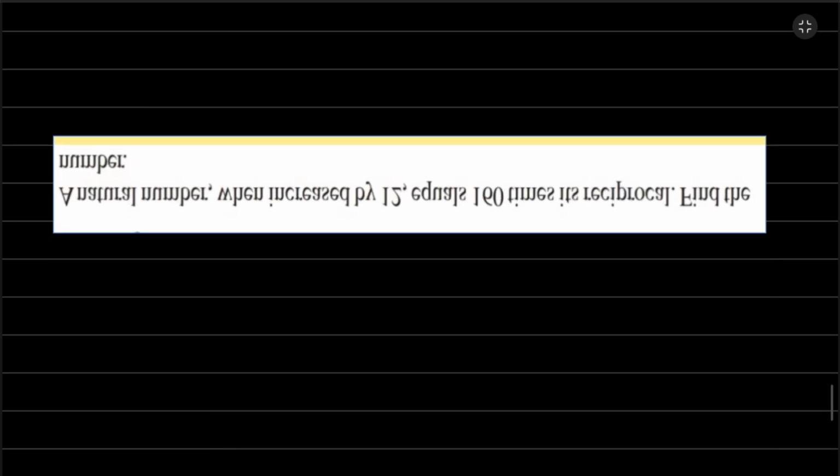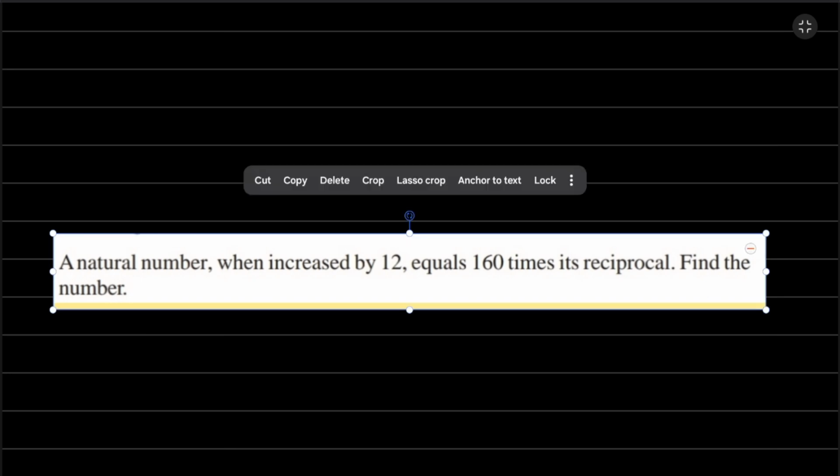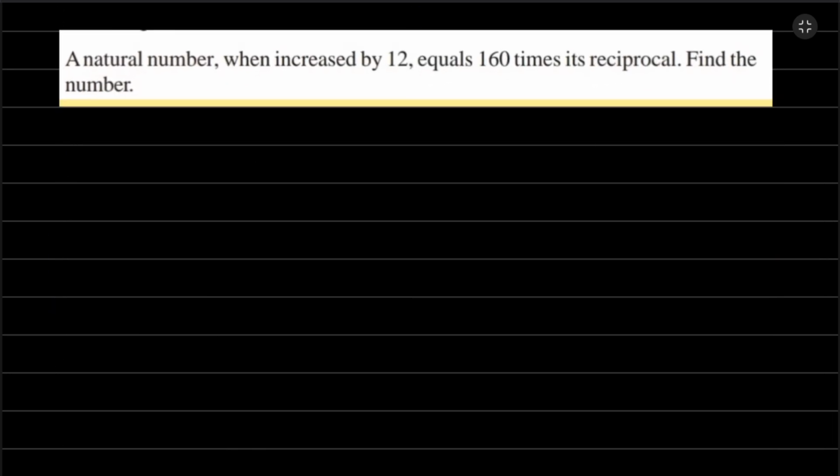So let us do one more question with respect to numbers. So a natural number, find the number is what is asked. So the minute you see, you know what you have to find. So let me write again. Let the natural number be x.